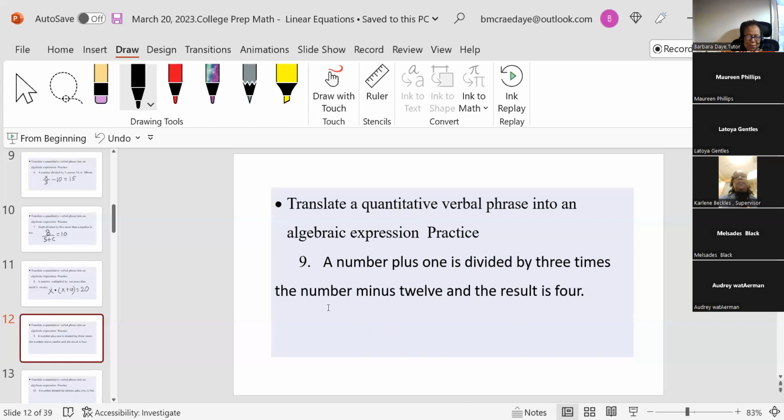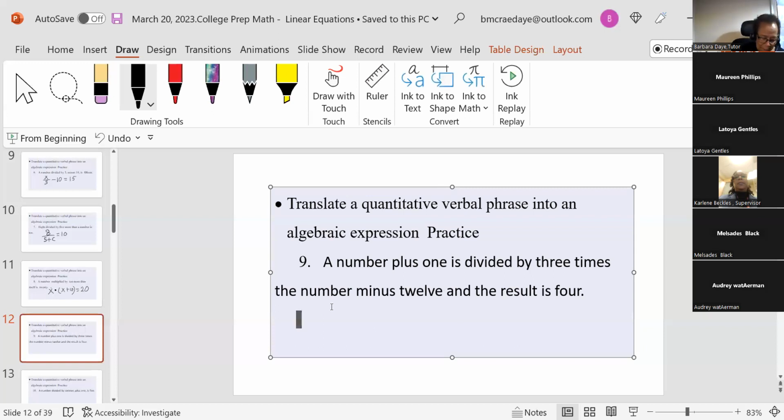What should I write? You say B plus 1 over 3B. I'm sorry, you're right, B plus 1 over 3B.